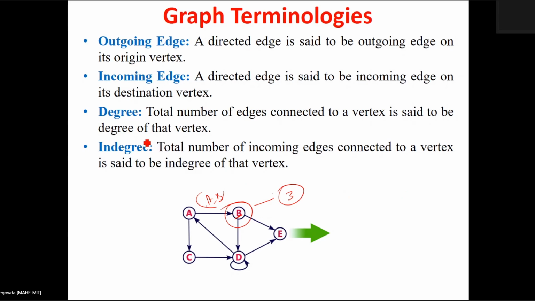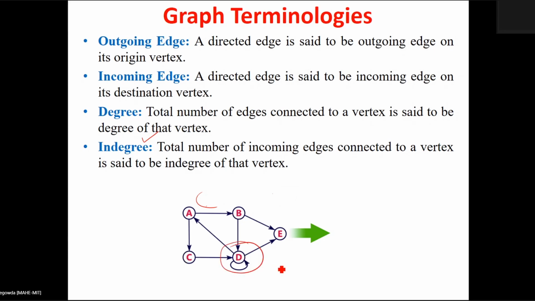Let us see the in degree. The definition of the in degree is the total number of incoming edges connected to a vertex. Say for example, I have a node D here.